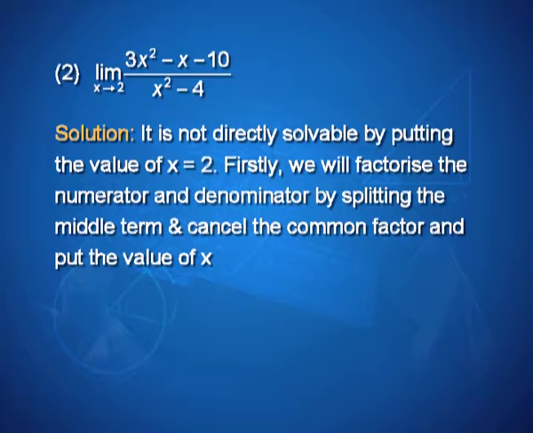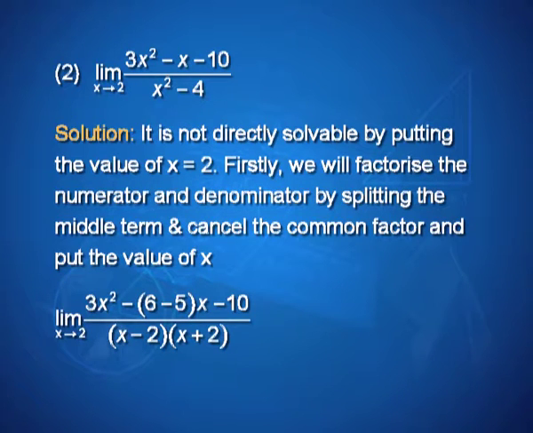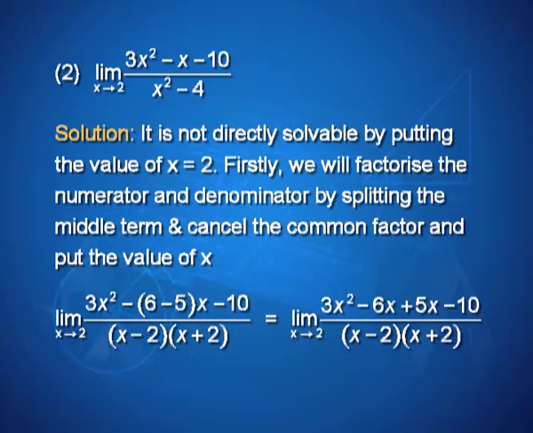Look here: limit of (3x² − 6x − 5x... wait, 3x² − 6x + 5x − 10) upon (x − 2)(x + 2) as x tends to 2.